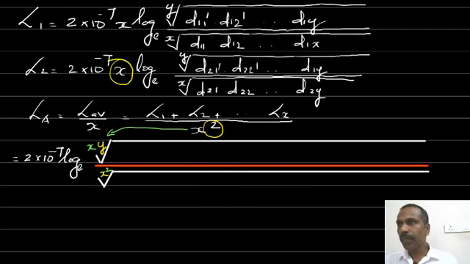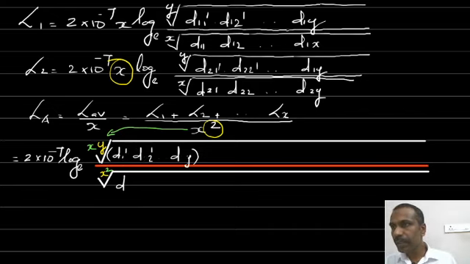Now what are the terms for inductance L1? The numerator terms are d1 dash, d1 dash, etc. up to d1y. What is the denominator term? It is d11, d12, etc. up to d1x.